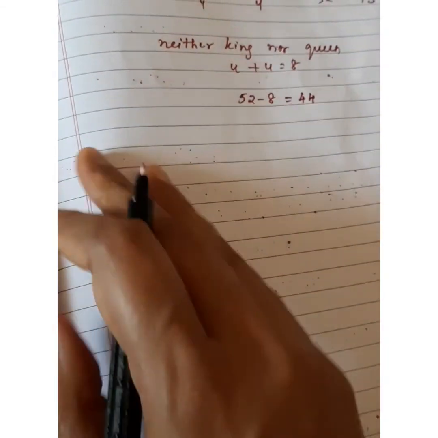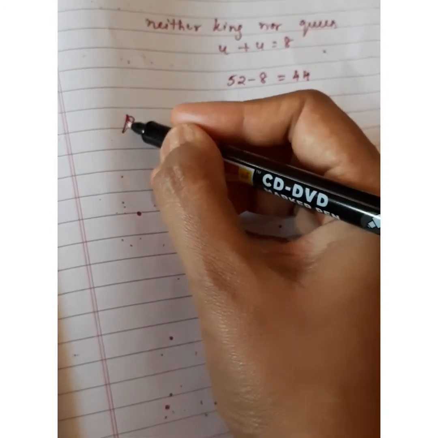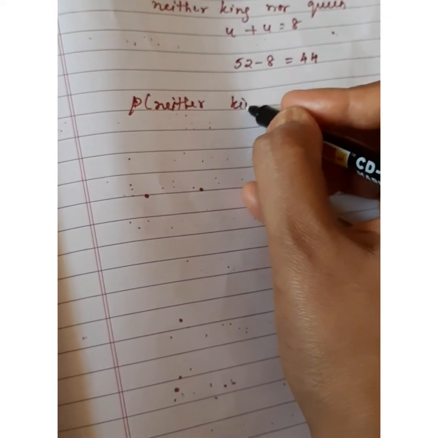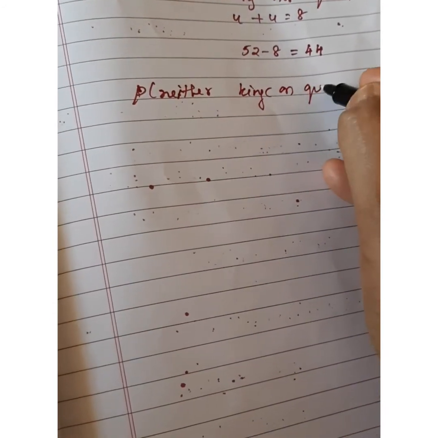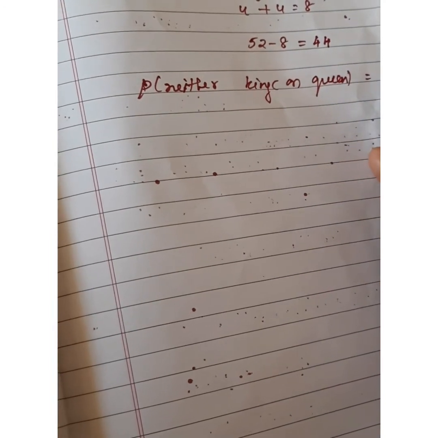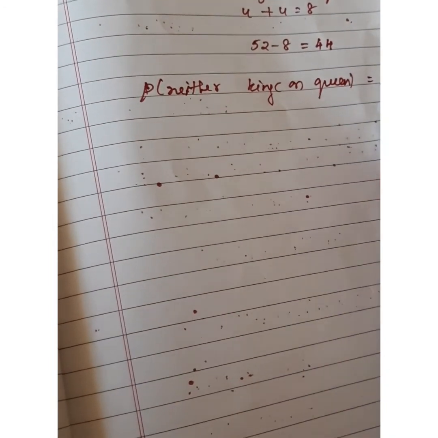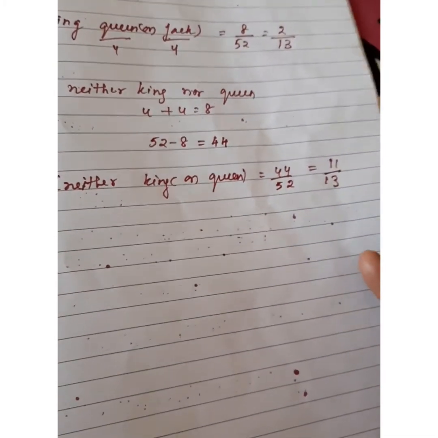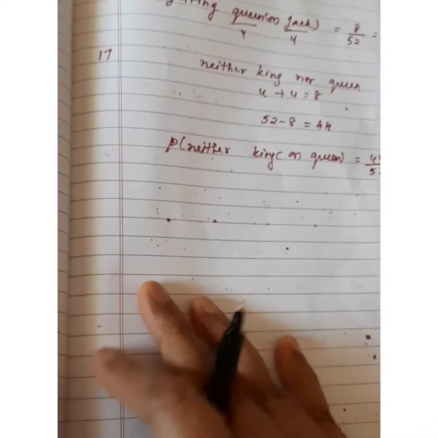So 52 minus 8 is equal to 44. So probability of getting neither king nor queen, that's going to be 44 by the total stack, 52. Further simplifying, you get 11 by 13.